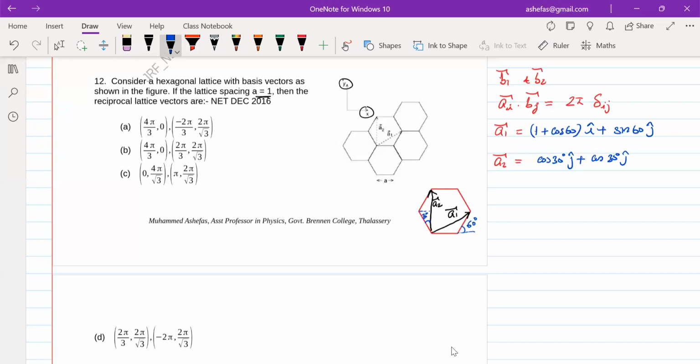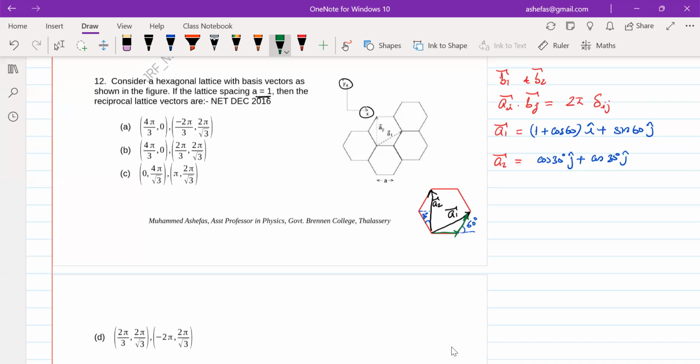What I have written is that a1 can be considered the sum of this vector plus this vector. The first vector is simply 1 times i. The second vector is cos 60 i plus sin 60 j. So that is (1 plus cos 60) i plus sin 60 j, which would be a1.